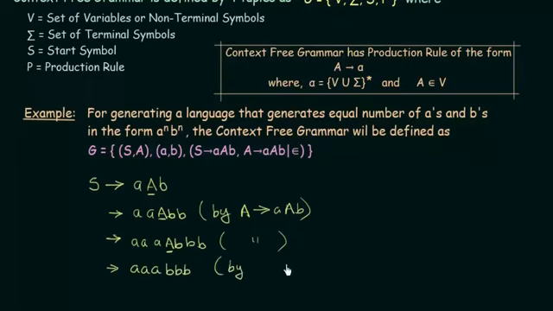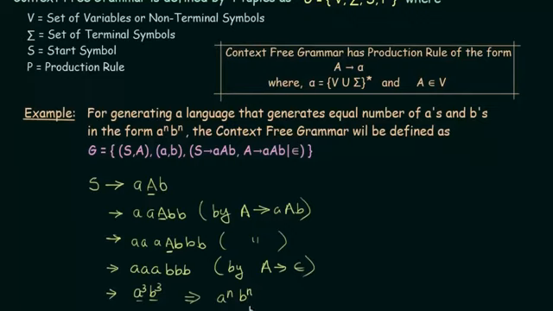This is by the production rule which says A gives epsilon. So we finally get the string aaabbb, which is of the form a power 3 b power 3. We see that the number of a's is equal to the number of b's. However much you expand, you will always get strings where the number of a's equals the number of b's. That means you can generalize and write a power n b power n.